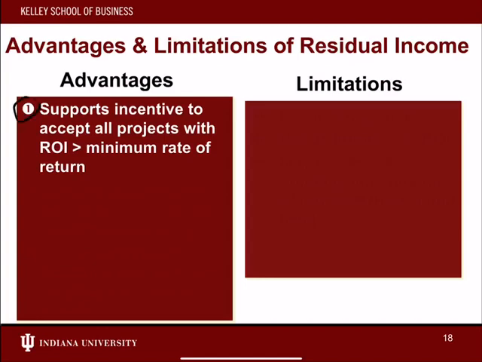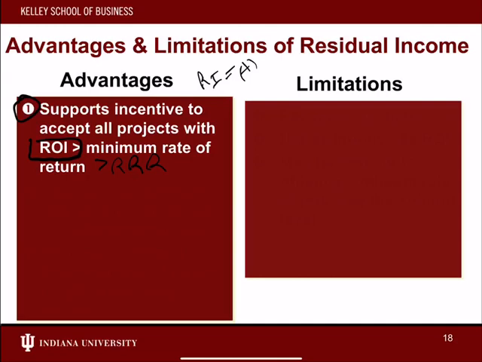Well, residual income gets around that. It says anytime the ROI of a project is greater than the required rate of return, now the firm or the division has an incentive to move forward with that project. So as long as the residual income is positive, then a division should move forward because it's adding to the overall residual income.